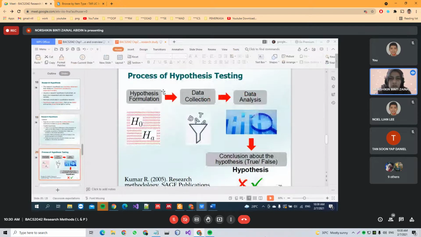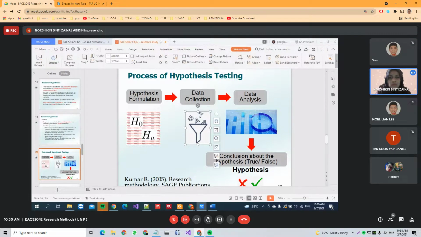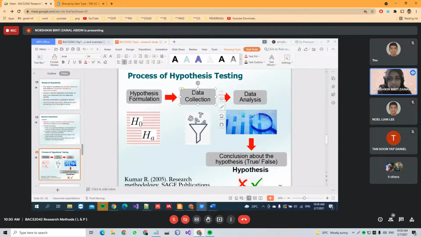And then how to write a hypothesis. First, you need hypothesis formulation. Hypothesis formulation is like an assumption that you make early in your process. And then after that, you go for data collection, to justify anything that you want to justify for your research.